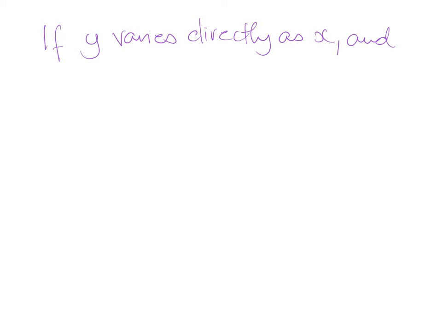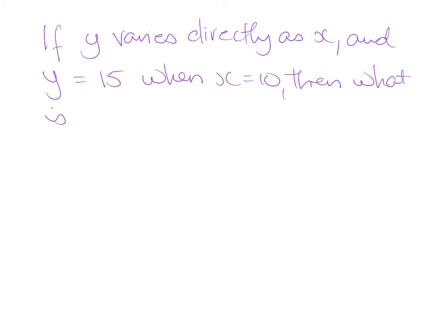So let's look at an example. If the question says, if y varies directly as x and y is equal to 15 when x is equal to 10, then what is y when x is 6?